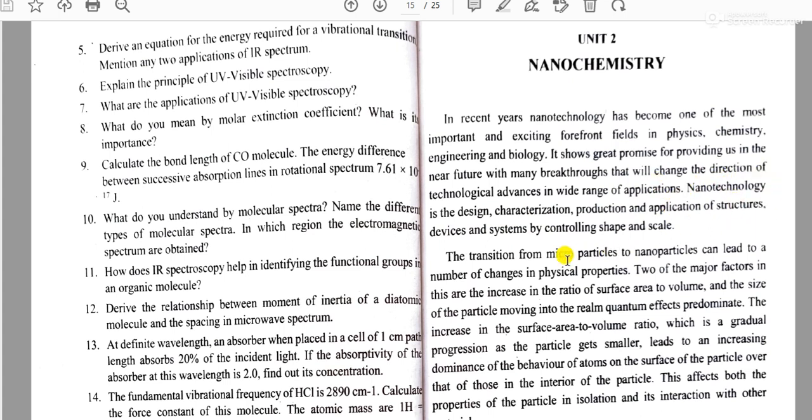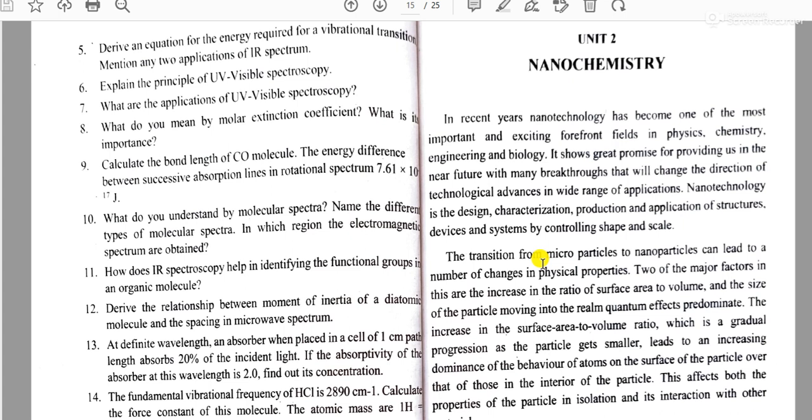Okay, so the transition from microparticles to nanoparticles can lead to a number of changes in physical properties. So when we consider bulk material, meaning any particle whose size is greater than micro or in the range of micro, it may have certain physical properties.